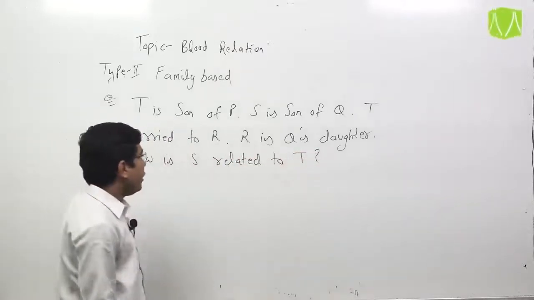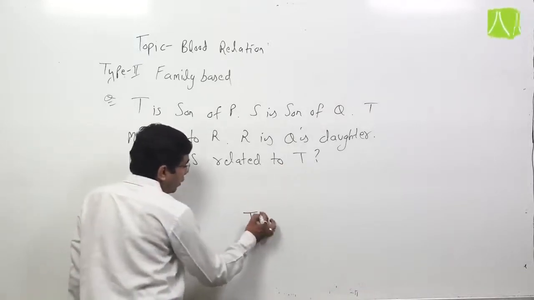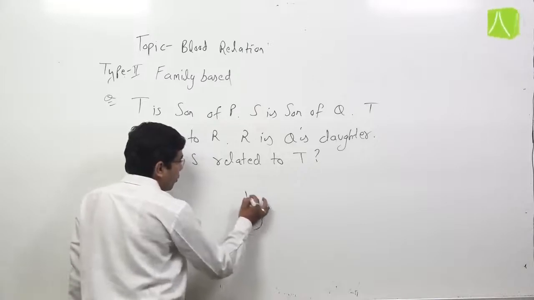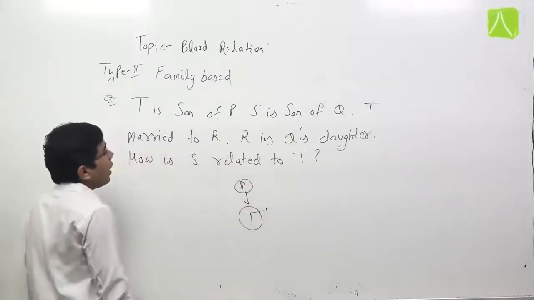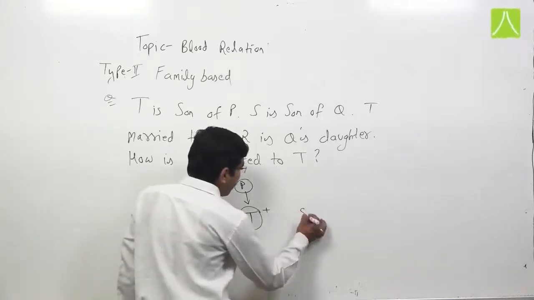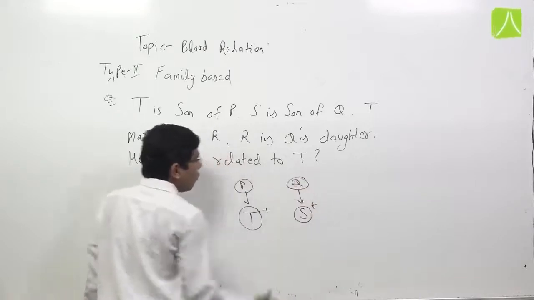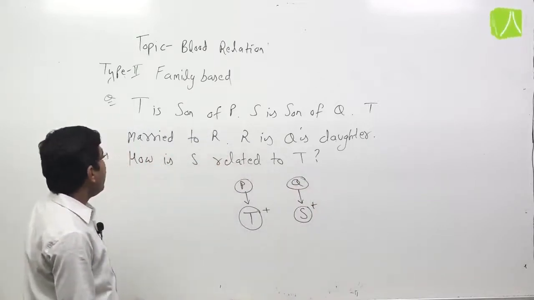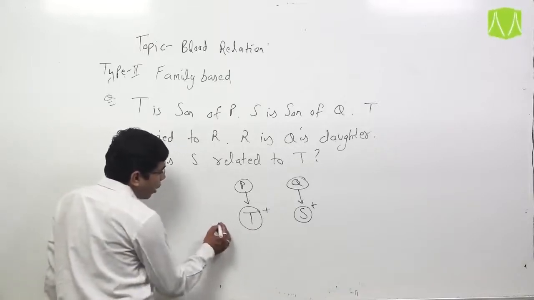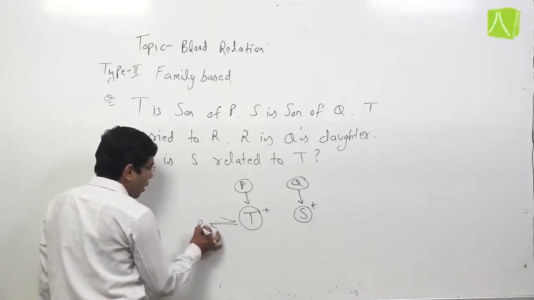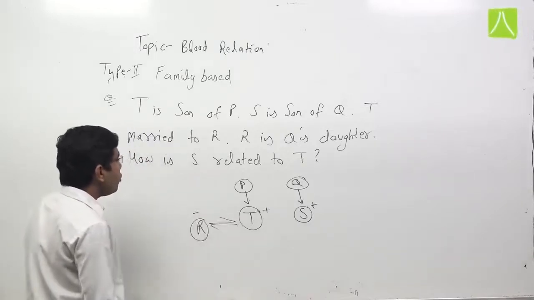Now, according to the question, T is son of P. This is our first string. Second, S is the son of Q. Next, T married to R. That means R is the wife of T and R is Q's daughter.